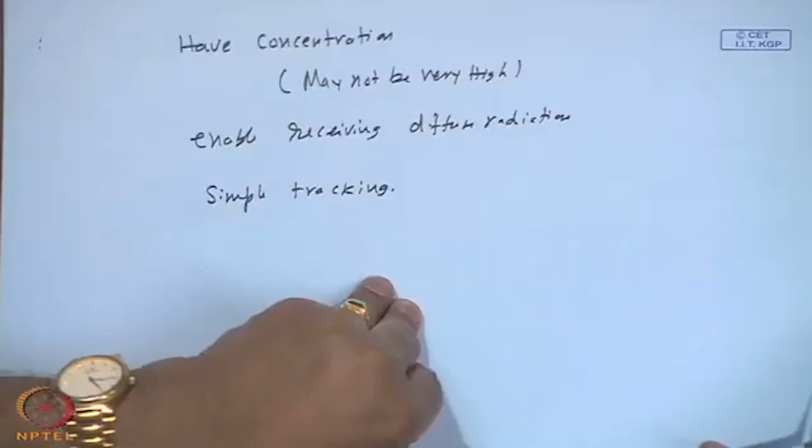So, if you have a simple tracking and the concentration ratio is not very high, we may get away combining the advantages of a flat plate collector, mainly of accepting diffuse radiation and minimal tracking, yet providing a higher temperature working fluid that is being delivered by the concentrating collector.